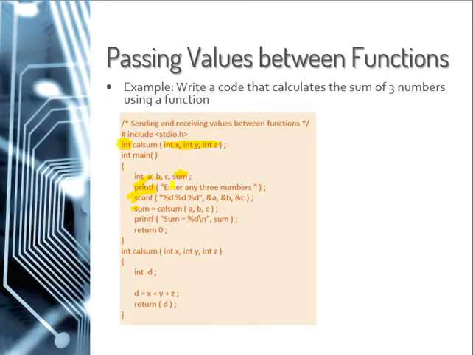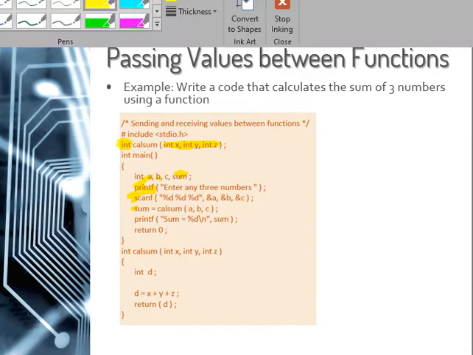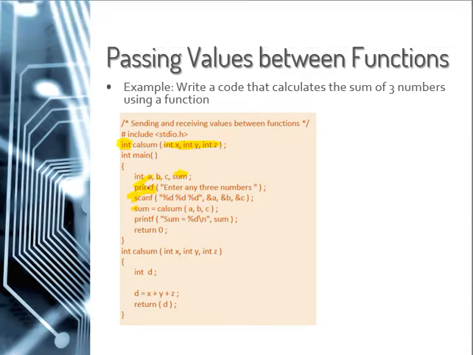Those three numbers are the ones input by the user: A, B, and C. It is like passing, no? Passing these values to the function, or giving these values to the function. So A, after the scanf, has a value. B, after the scanf, has a value. C now has a value.